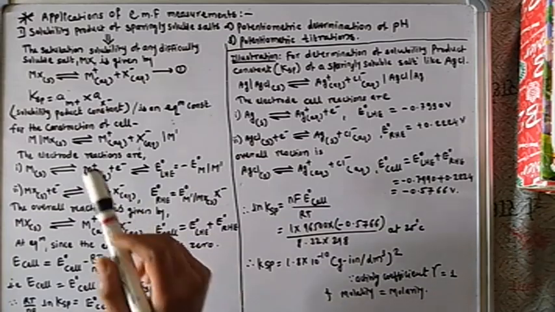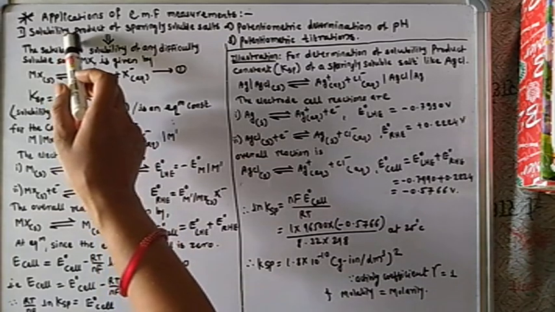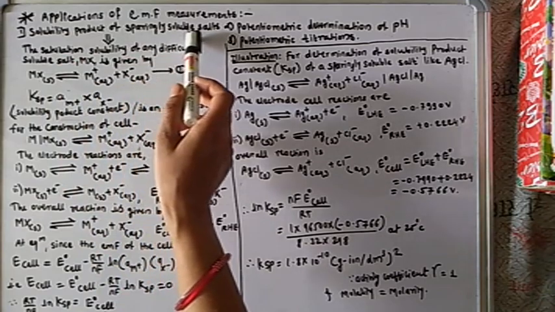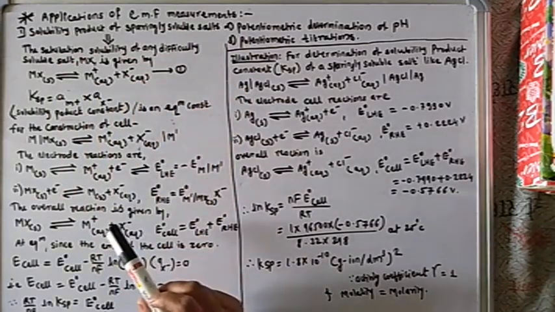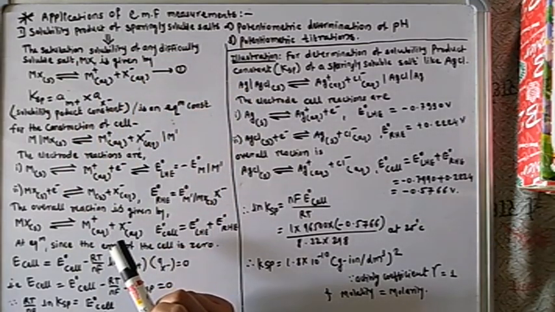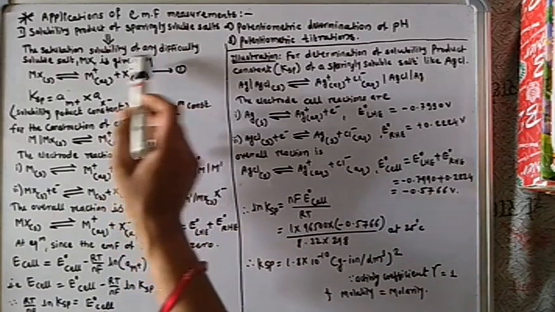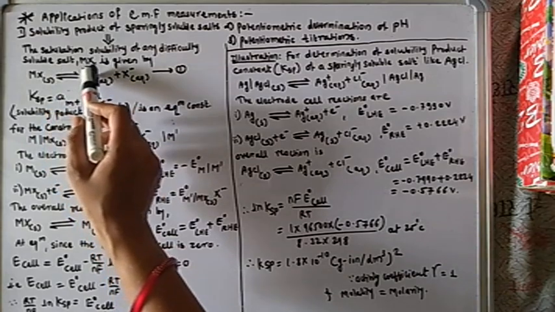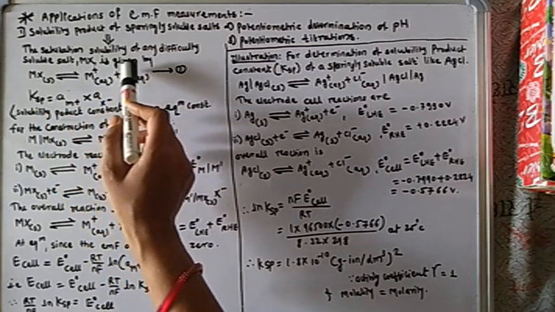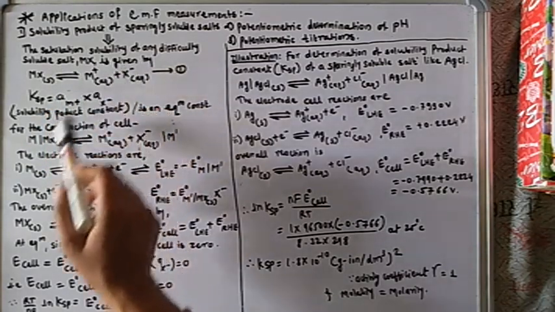We discuss the first application, that is the solubility product of a sparingly soluble salt, by using EMF measurement. The saturated solution of any sparingly soluble salt MX is given by the dynamic equilibrium.